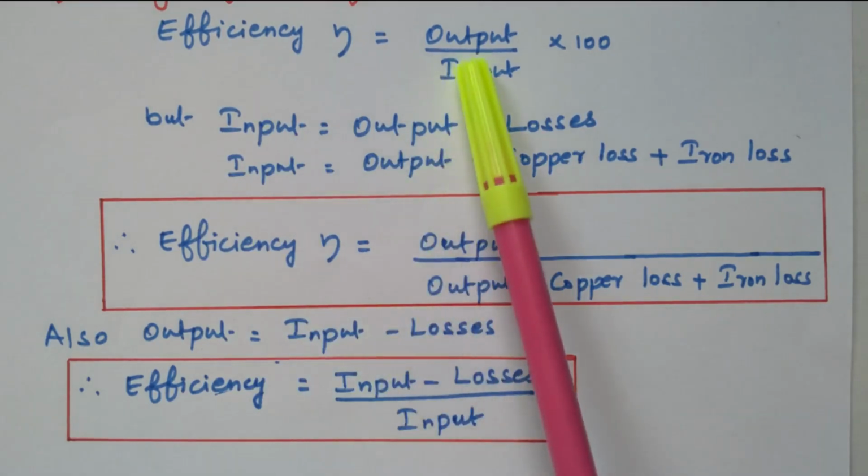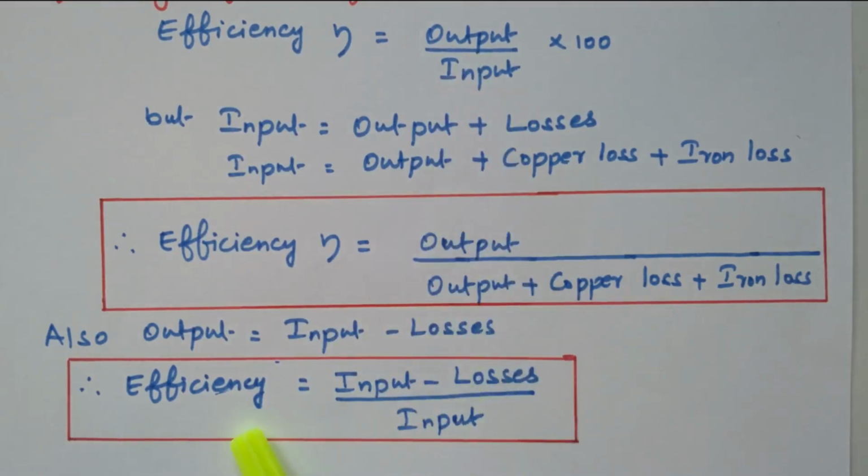So the efficiency equation can be written as efficiency equal to input minus losses divided by input. Right. So based on the data available, we can use either this formula or that formula. If the losses and output are available, we can use this formula. If the losses and input power are available, we can use this one.